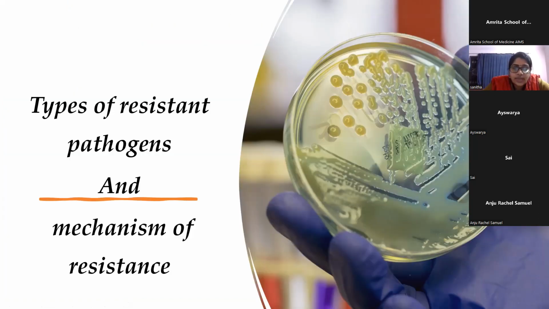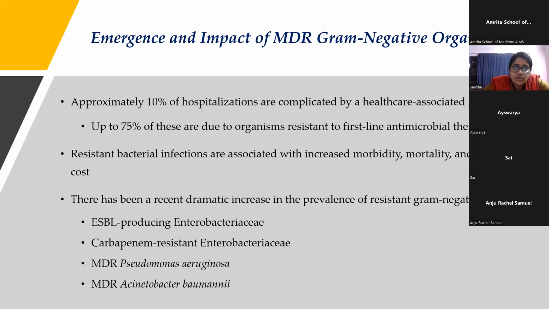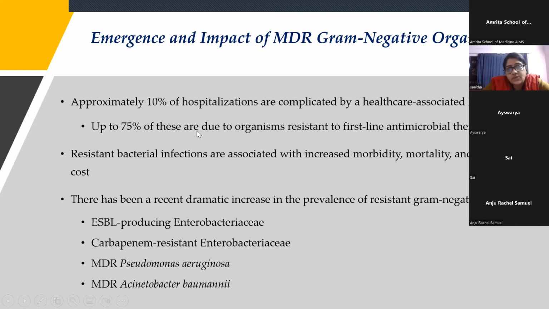So coming to the mechanism of resistance, up to 75% of patients causing hospitalization are resistant to first-line antimicrobial therapy. And resistance is associated with increased morbidity, mortality, and healthcare costs.